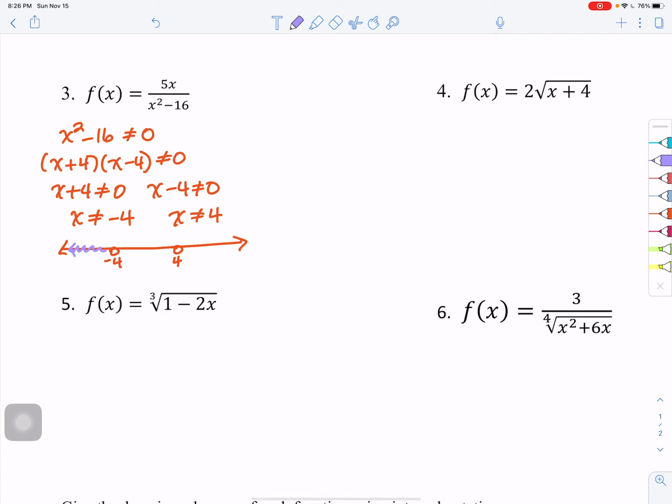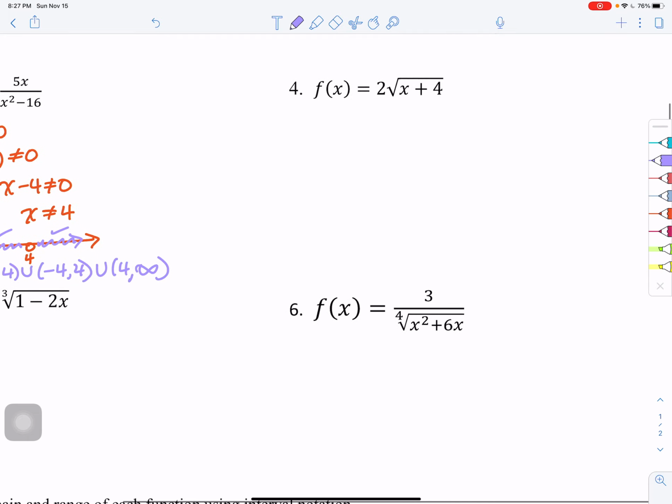We want everything to the left of -4, everything in between, and everything to the right of +4. So actually, we're going to have 1, 2, 3 intervals. Let's write them. So the domain is -infinity, going all the way to -4, union with -4 to 4, union with 4 to infinity. So 3 intervals together.